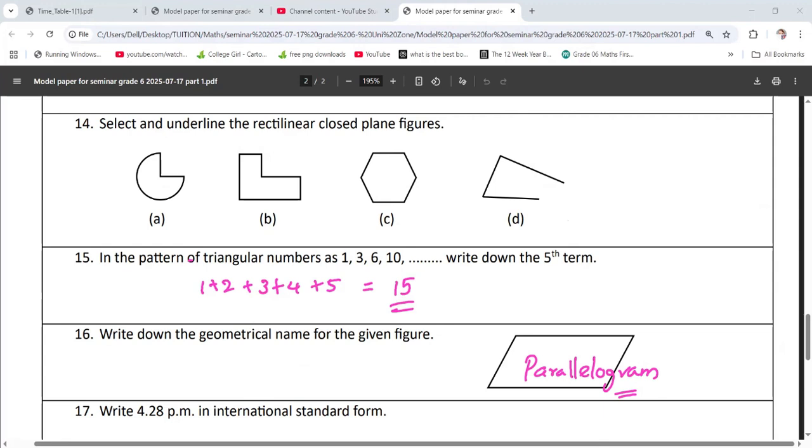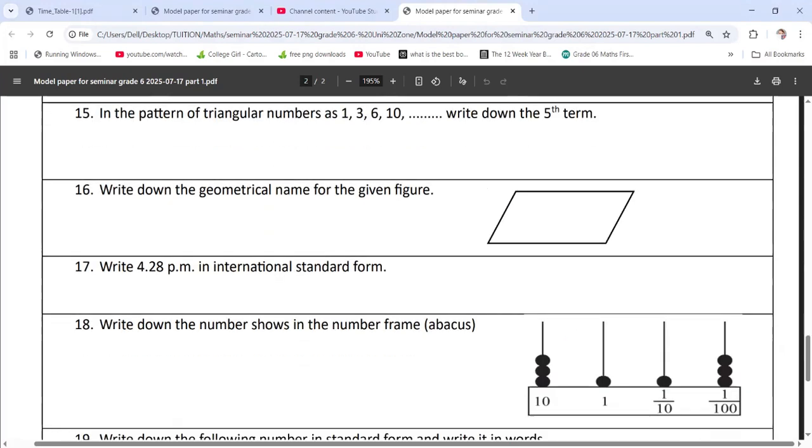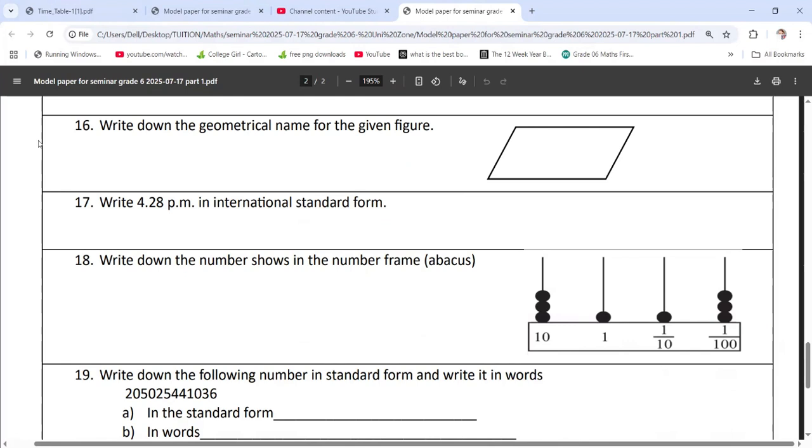You may have learned the types of these quadrilaterals, which are the trapezium, which looks like this, or like this, and the parallelogram, and the rhombus, which has all 4 sides equal, just like a parallelogram, but all sides are equal.